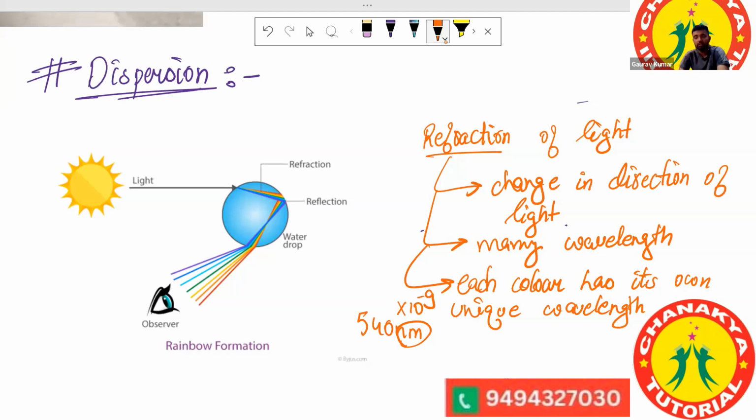Unique means that the same wavelength will correspond to one color only. It cannot be that red is formed from 700 nanometer and also 750 nanometer.